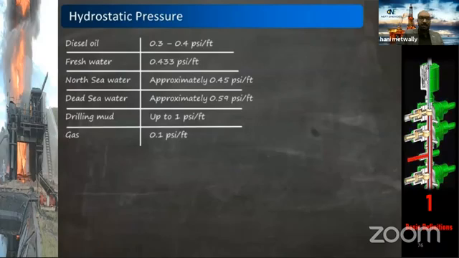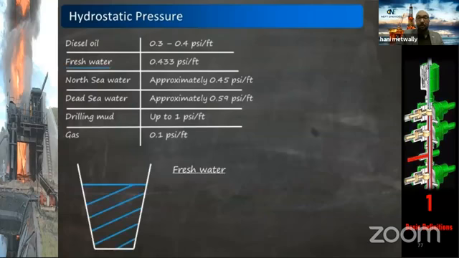Okay, here we have an example for the pressure gradient. For example, fresh water. Fresh water pressure gradient equals 0.433 psi per foot. I see someone asking, where will you bring this number, 0.433, from? Friends, this is very easy to calculate. Once you have the fluid density, multiply the fluid density by 0.052, and you will get the pressure gradient.